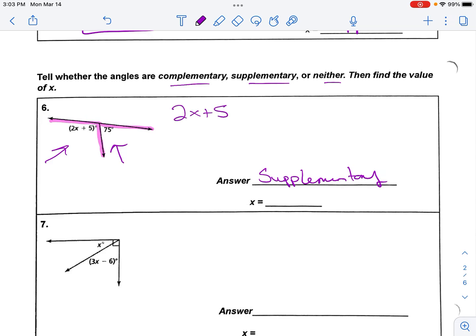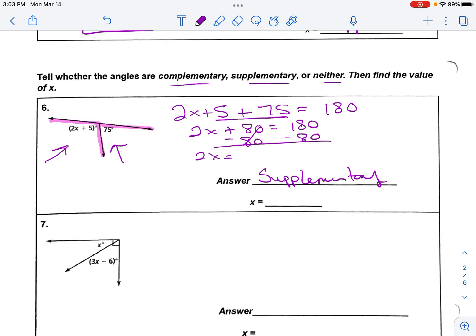So I have 2x plus 5 plus 75 equals 180 degrees. We're going to combine our like terms and then solve that two-step equation. So x equals 50 degrees.